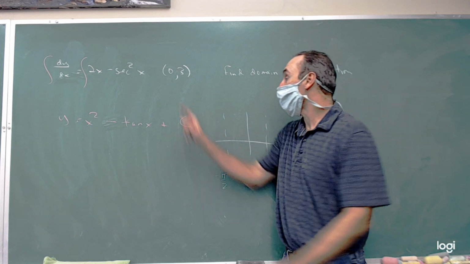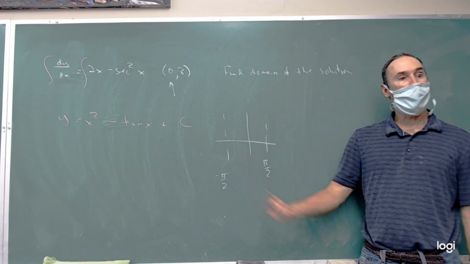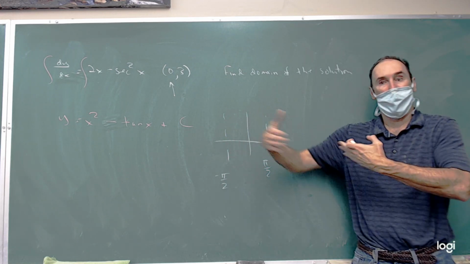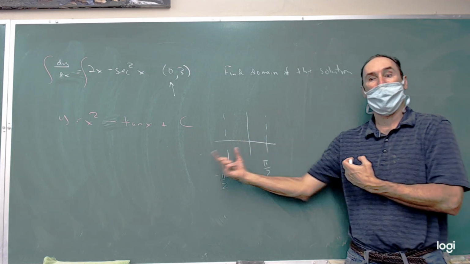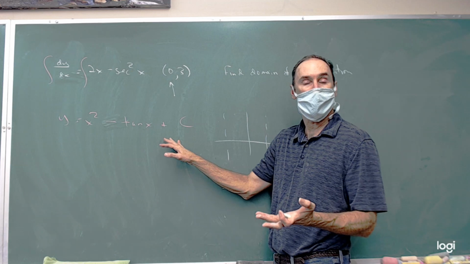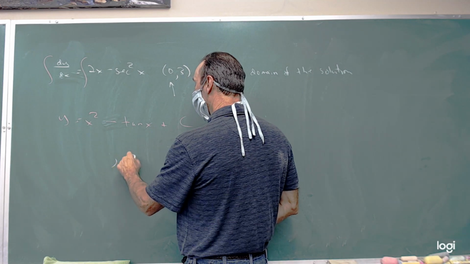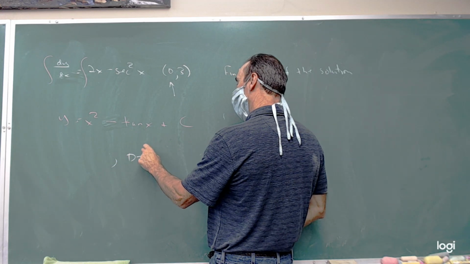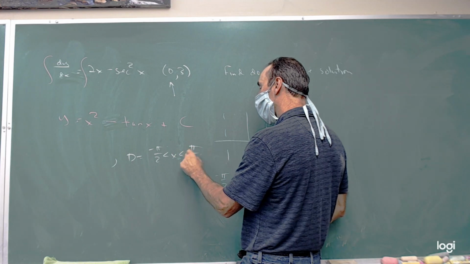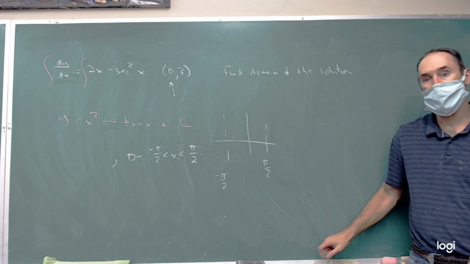So since our initial condition has an x value of 0, that plunks it in between negative pi over 2 and pi over 2. Those are the two vertical asymptotes that will bound that domain. So you could plug in and find the c value. That's not the hard part. But recognize that this solution would only be good for a domain that would go from negative pi over 2 to pi over 2. So it's only valid on a continuous domain.